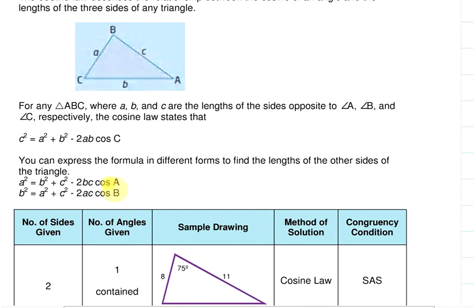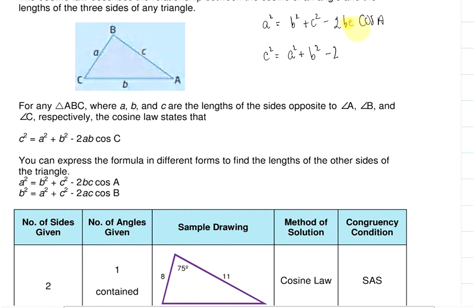So if I was going to do this, and let's say on a formula sheet I have a squared equals b squared plus c squared minus 2bc cos A, and let's say I wanted to find c squared. So I would go, all right, well, c squared equals, and then I would square the other two sides I don't have and add them. So I'd keep the same format as this formula.